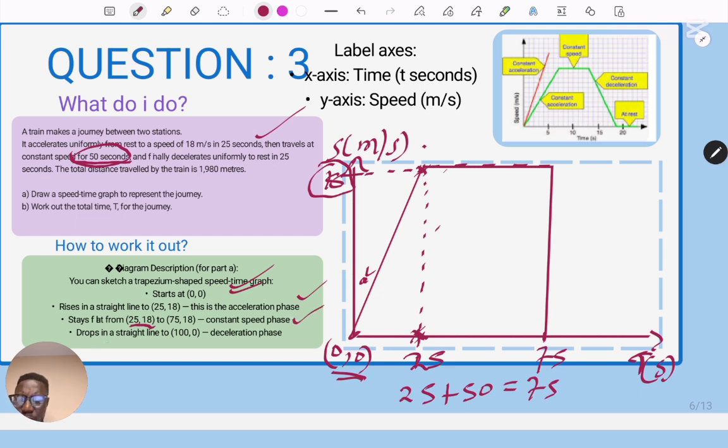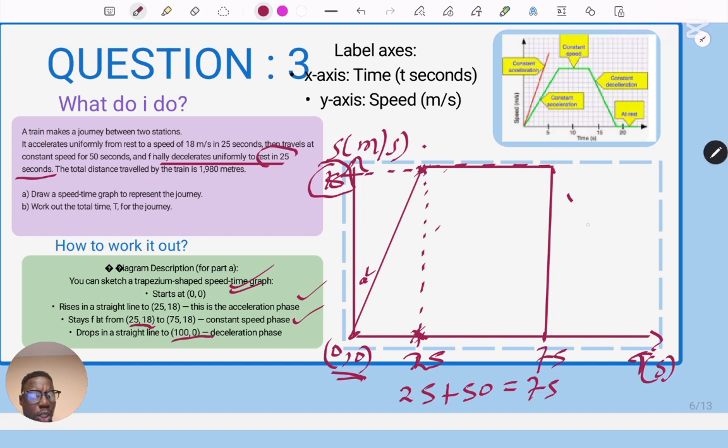Then it drops in a straight line to 100,0. Why do we get that one? Let's check our question again to verify that. It says, and finally decelerates uniformly to rest. Decelerates means it comes down.